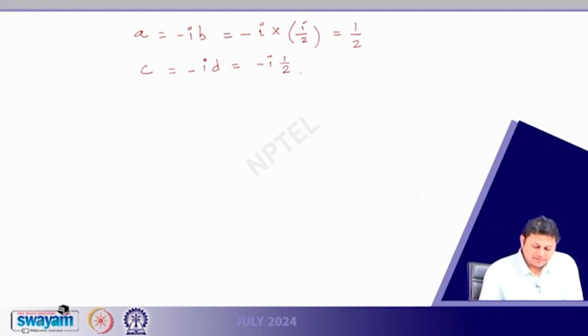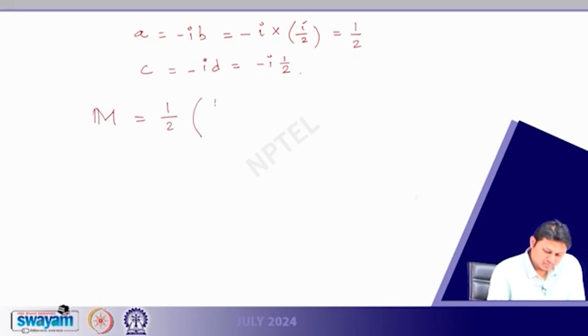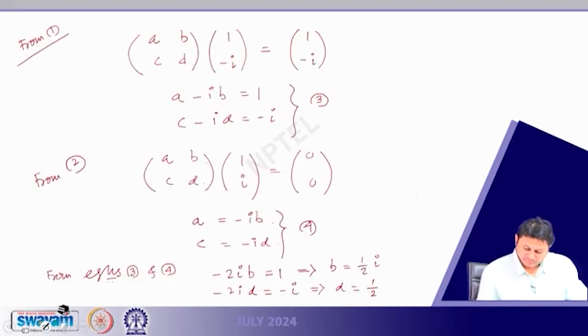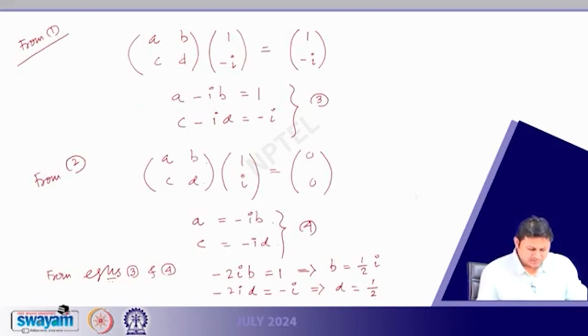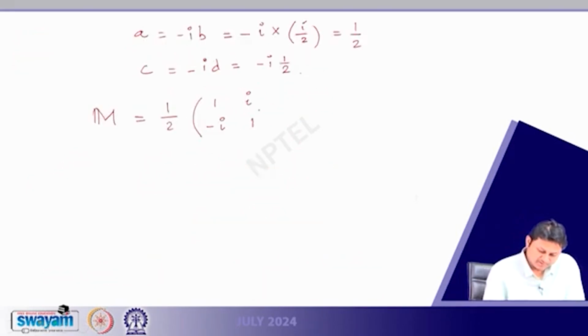So A, B, C, D are calculated. My M matrix, taking half common, is half of 1, i, minus i, 1. This is the matrix that corresponds to the right circular polarizer.